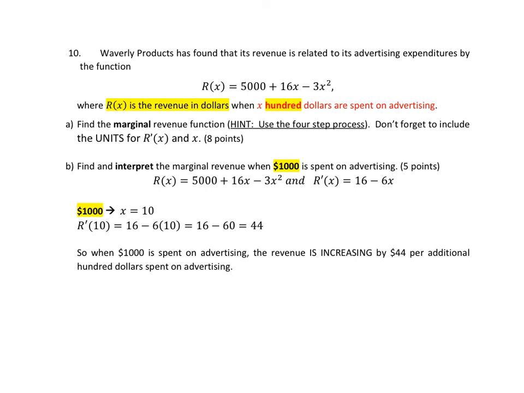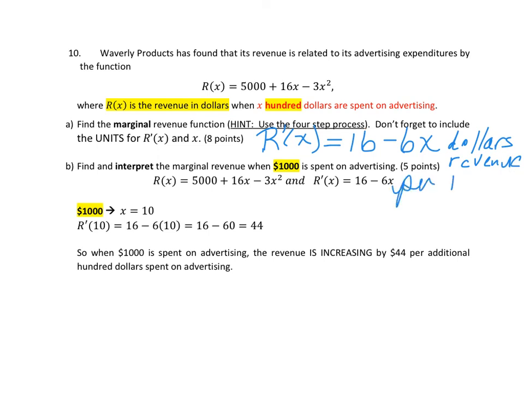Now problem number 10, I think what's tripping everybody up at problem number 10, especially on part B, if you get the right answer for part A, and you should because it's a relatively simple function, the derivative in part A is r prime of x, and it turns out that it's equal to 16 minus 6x, and then your units are dollars revenue per $100 spent on advertising.